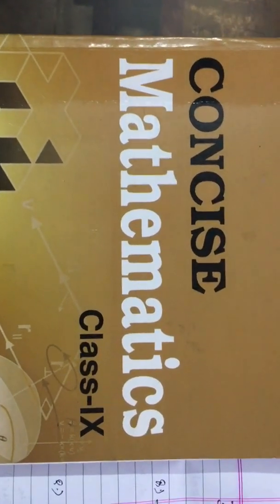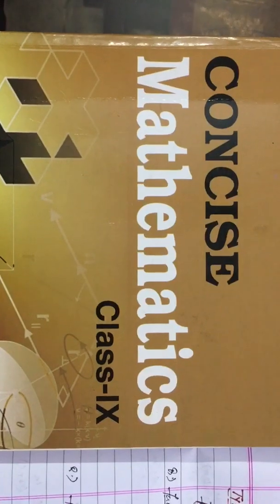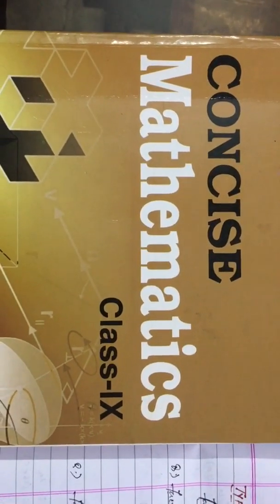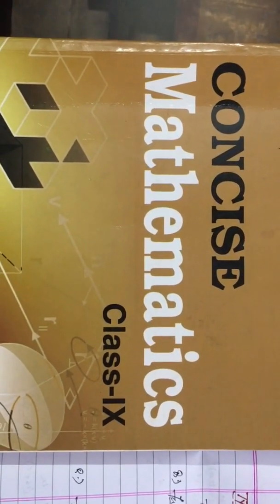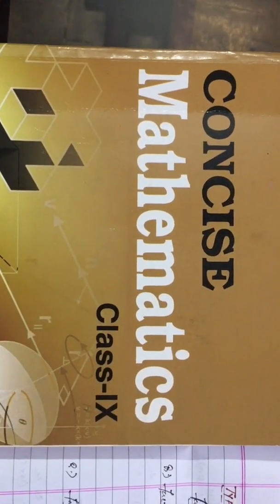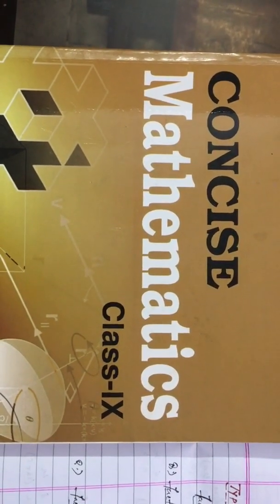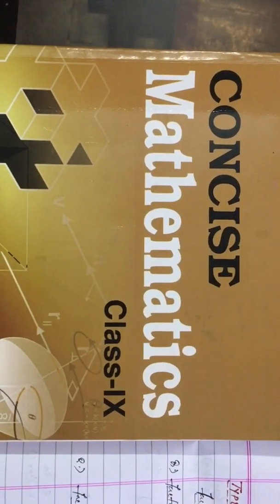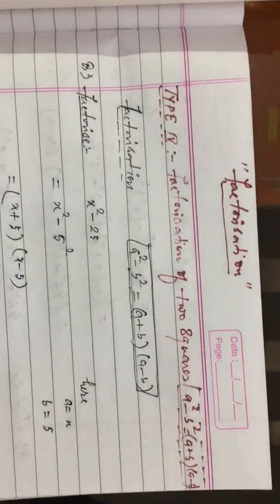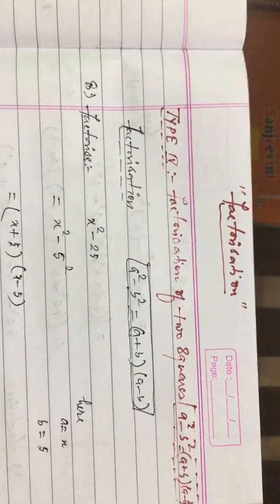In type 1, you have already seen factorization by taking out some common factor. In type 2, factorization by grouping. In type 3, factorization of trinomials by splitting the middle term. Today we will see factorization that is based on difference of two squares.